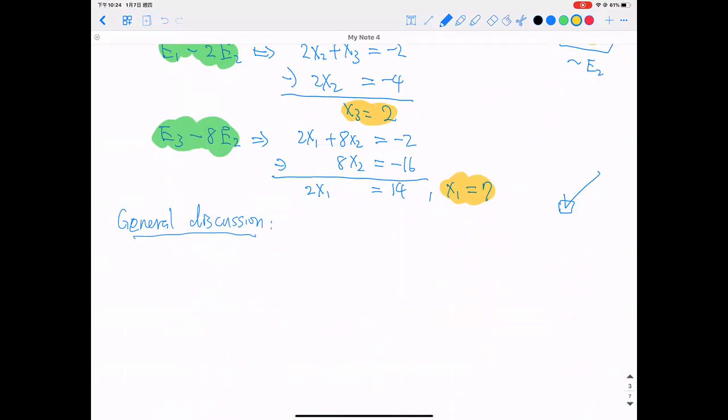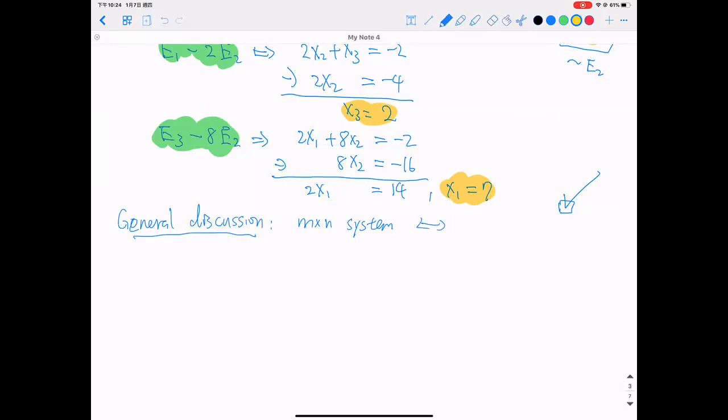You see, as you recall, an n by n system corresponds to matrices.